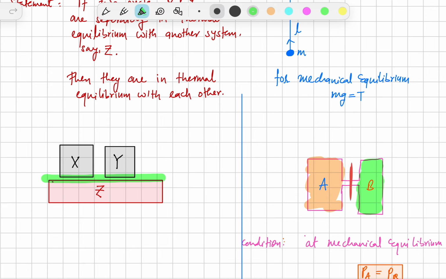This is a diathermic wall, but between X and Y we have put an adiabatic wall. Why are we doing this? Because now we want to see how it is seen experimentally. This was the experiment.